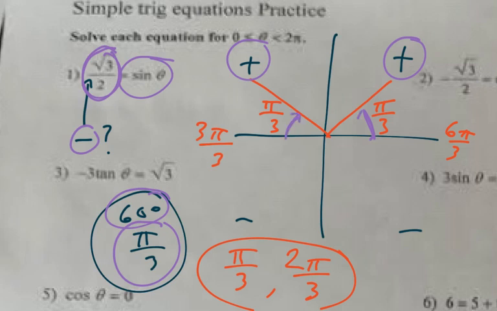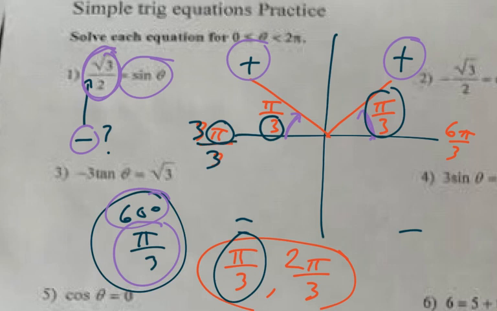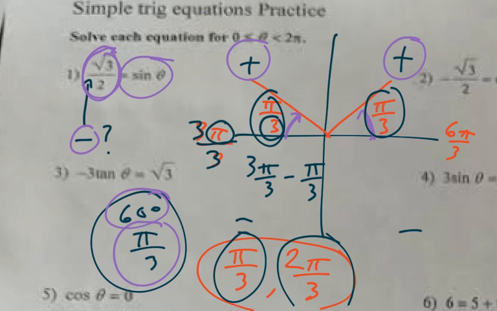Well, quadrant 1 is easy, because that will just be pi over 3. But here's the first trick. Remember, 180 is pi, right? So since we're doing thirds, pi is also 3 pi over 3. So when I want to do pi over 3 in the second quadrant, I'm actually going to do 3 pi over 3 minus pi over 3, which is 2 pi over 3.